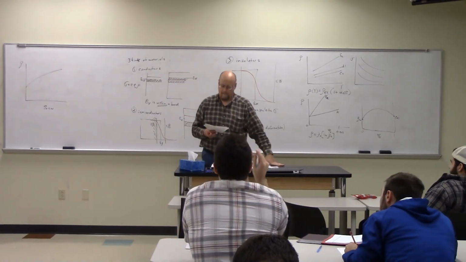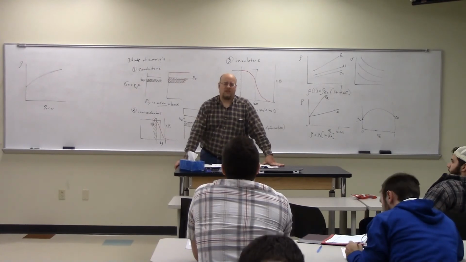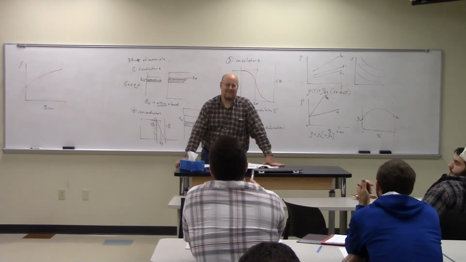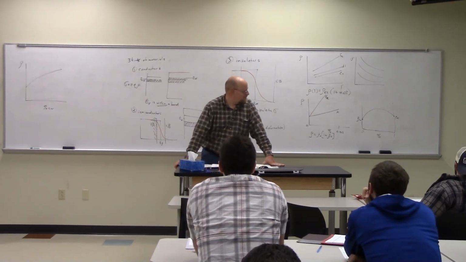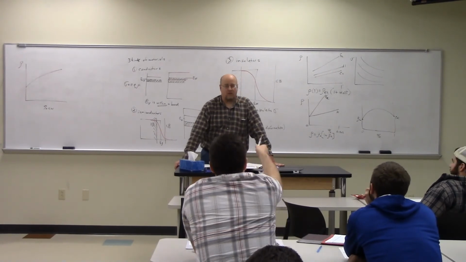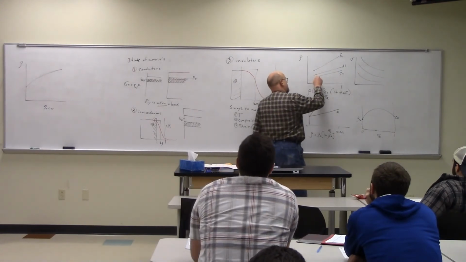Quick question back to rho versus T. Are we just neglecting what happens when you get to really low temperatures? Does it stay that linear function? When it gets to really, really low temperatures, no, actually what will happen eventually is they'll do this.